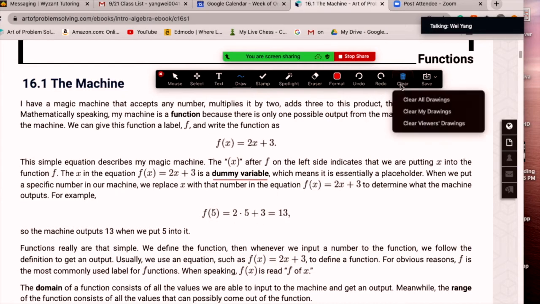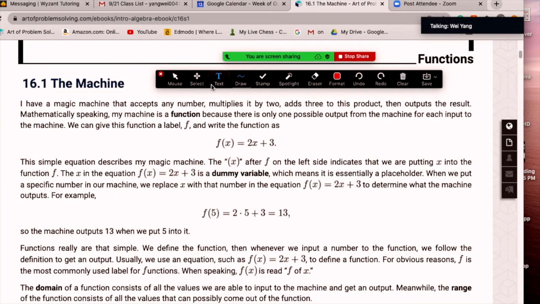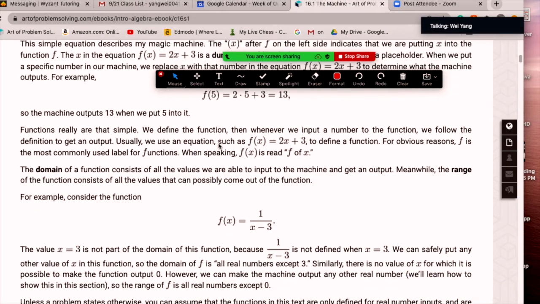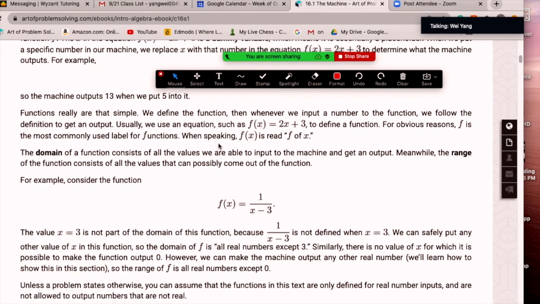So now let's see the domain. When you research a function, you need to find the domain and range. The domain of a function consists of all the values we are able to input into the machine and get an output.